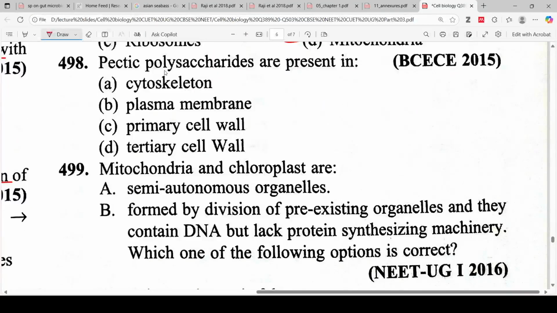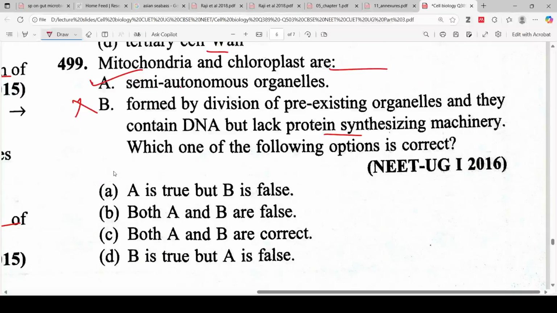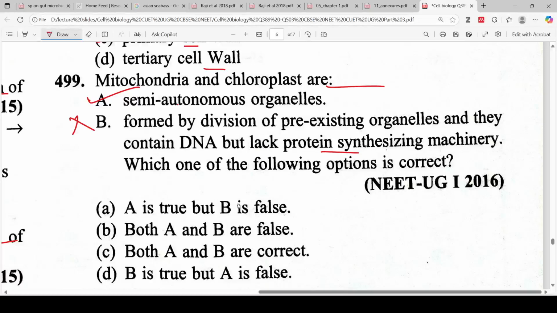Next question, pectic polysaccharides are present in cytoskeleton, plasma membrane, primary and tertiary cell wall. So the correct answer will be option C. Next question, mitochondria and chloroplast are semi-autonomous organelles. This option is correct. Formed by division of pre-existing organelles and they contain DNA but lack protein synthesizing machinery, this is not correct. So A is correct but B is false. The correct answer is option A.